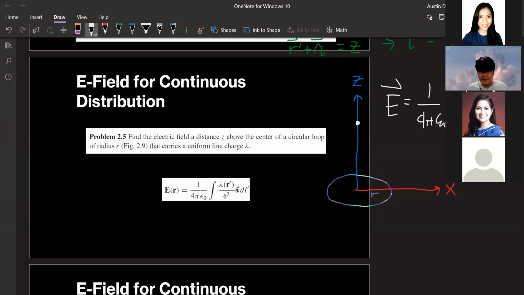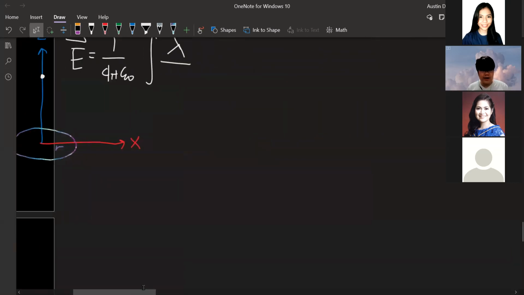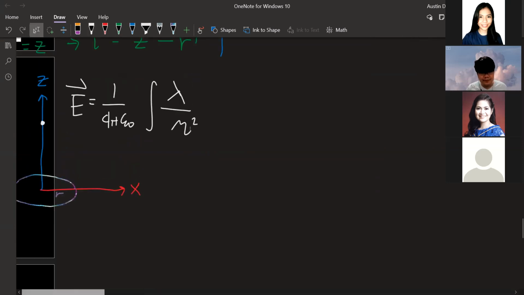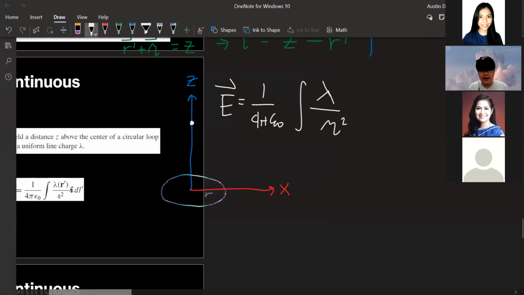And then, what is your curly r? Then our curly r hat. We have the curly r hat. Yes. Then dl prime.